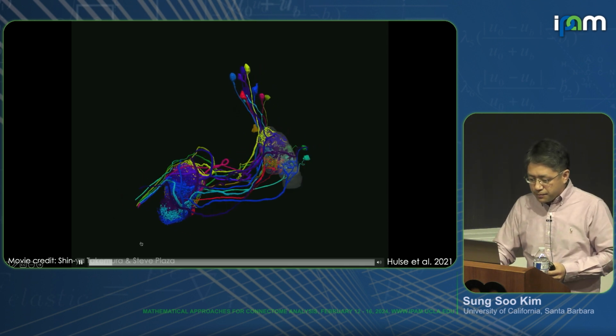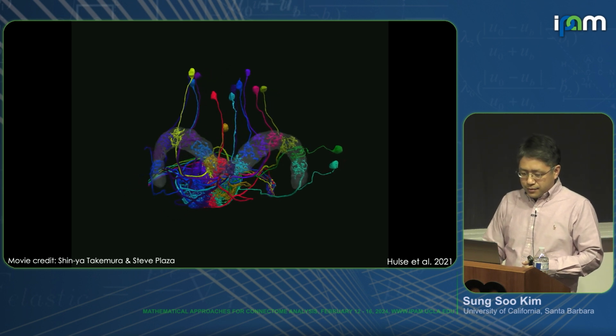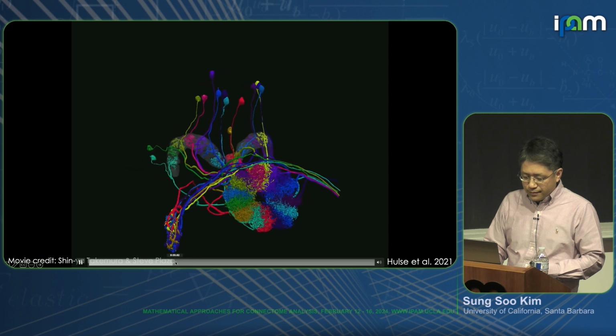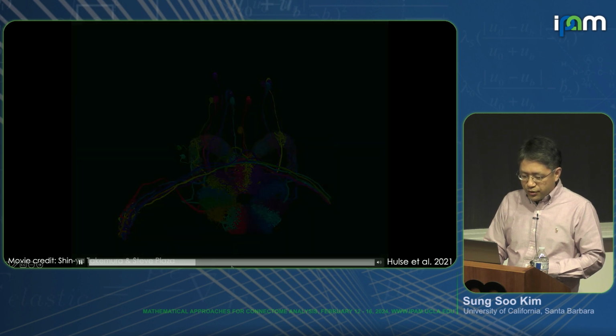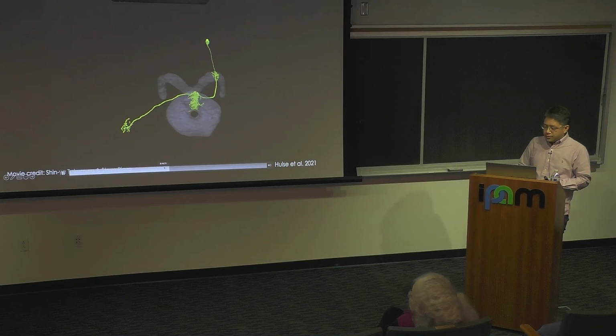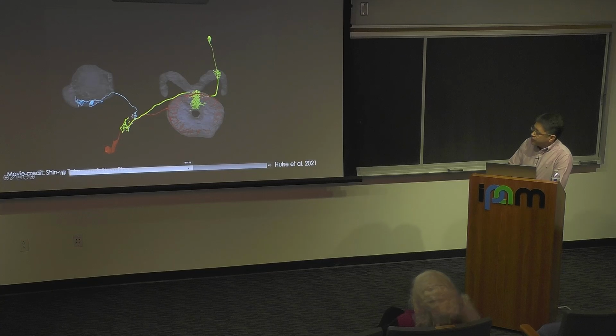Which tile the ellipsoid body. Anyway, there is a yellow neuron. This is one of the compass neurons. And there is a red neuron like this.